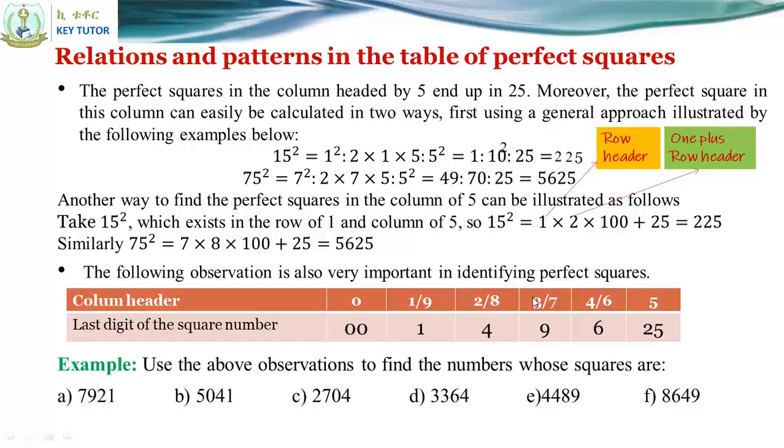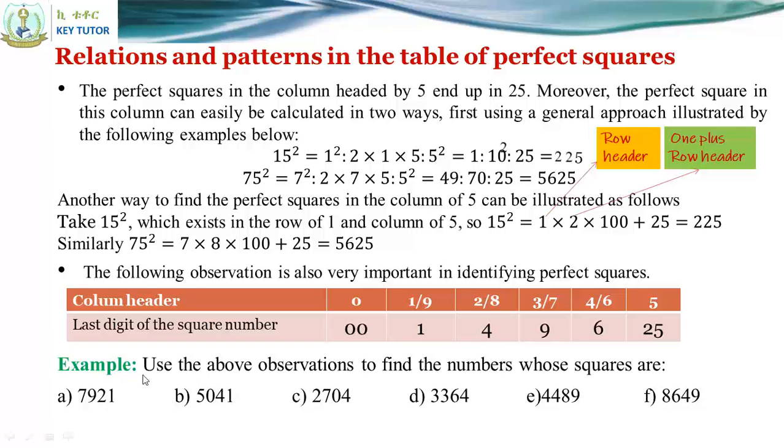The numbers in the column of 3 or 7, their last digit is 9. The numbers in the column of 4 or 6, their last digit is 6. The numbers in the column of 5, they end up in 25. Okay, this is a very important observation. We have it previously. We are trying to use this relation very well.